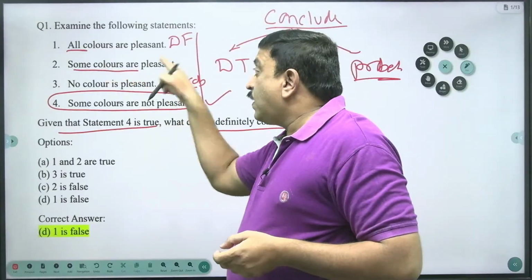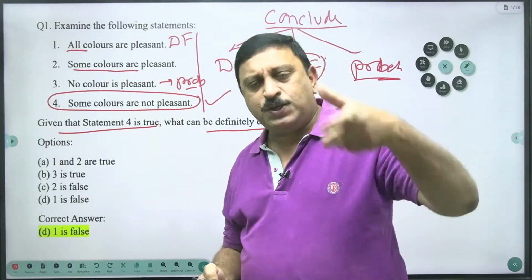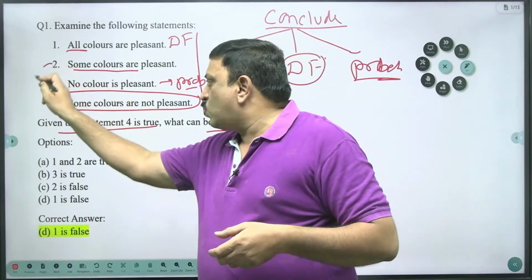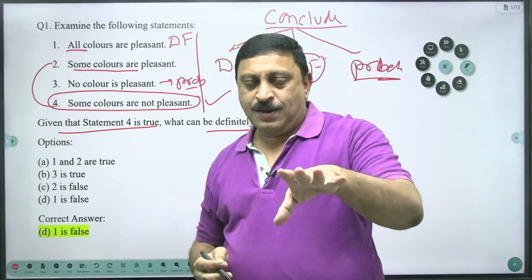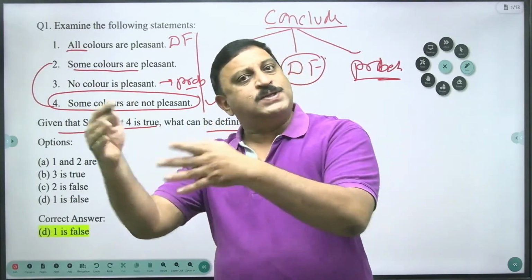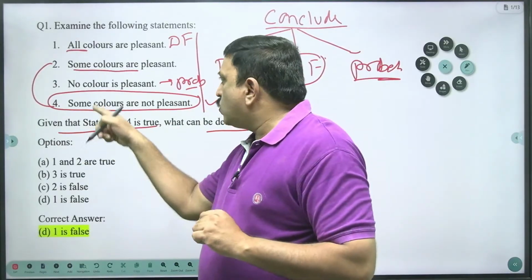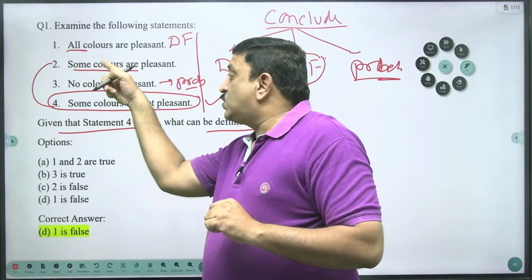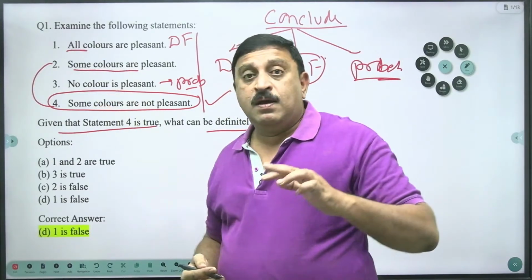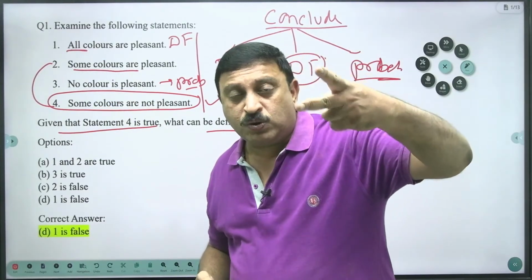And "some colors are pleasant": these two are complementary in nature. If "some A's are B" is true, "some A's are not B" may be false, but both cannot be true at a time, and both cannot be false at a time.